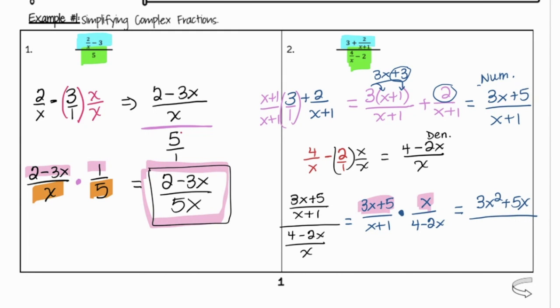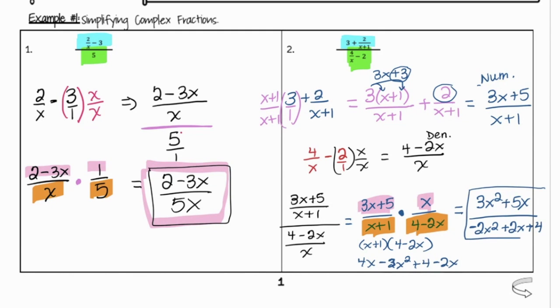In the bottom, I have x plus 1 times 4 minus 2x. I might need to do a little side work here. And I end up getting a negative 2x squared plus 2x plus 4. And there is my final answer.